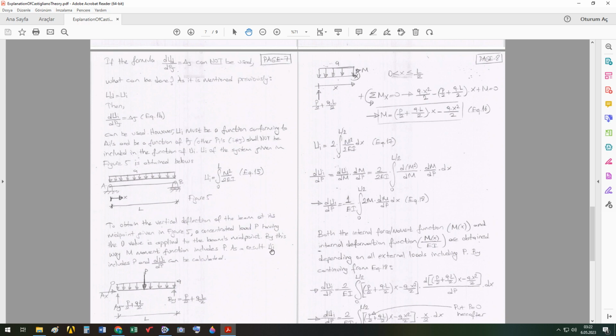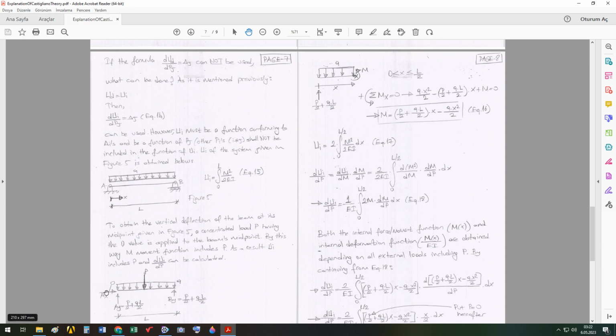As a result, Ui includes P, and the first derivative of the potential energy of internal forces can be calculated. Now you see, this is our beam and the loads acting on it.